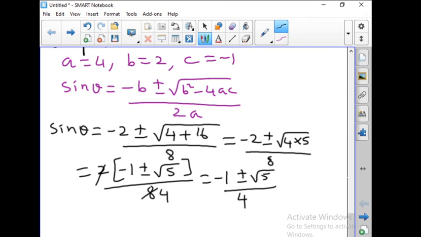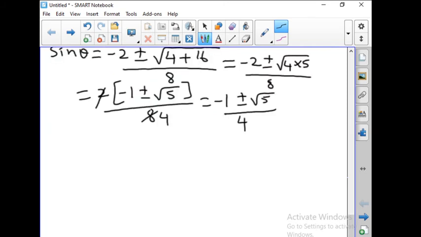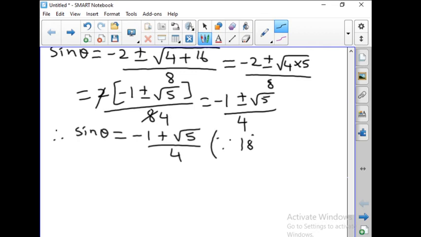Now here we take only the positive value. Sin theta, we take only the positive value. Therefore, the positive value is minus 1 plus root 5 by 4, since 18 degree is in the first quadrant.